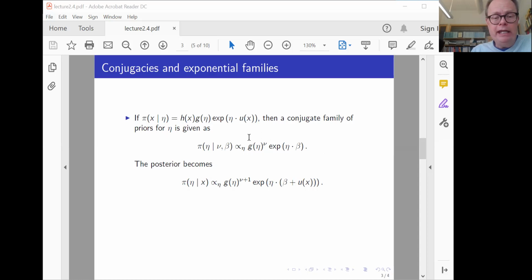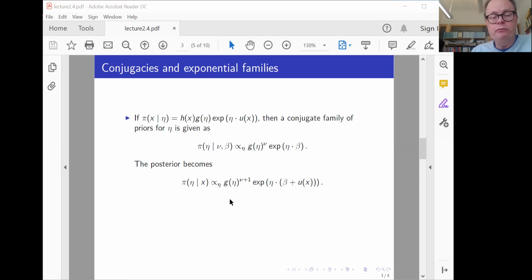So now you can see that if the prior has this form and you multiply it with the likelihood, which has this form, then you can forget about this part here, which does not depend on eta. And then you get just an extra factor of g of eta, and then the exponential parts go together to form this part here. So you can see very smoothly that multiplying this and this gives you this, and it is in the same family.